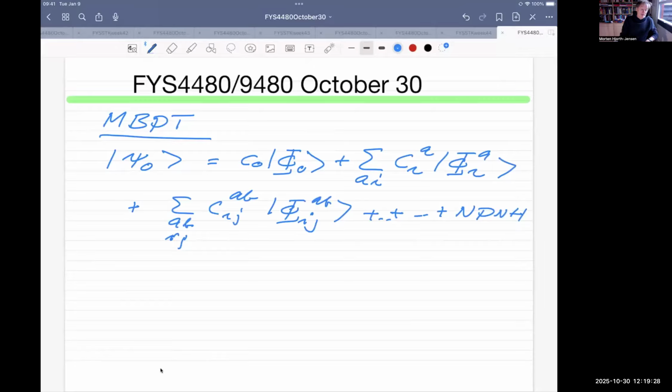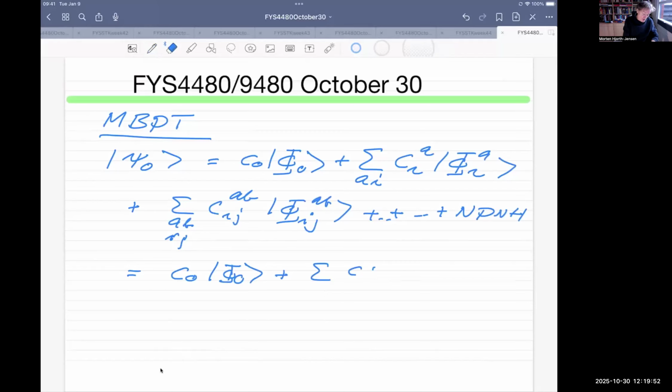Now, what we did last time was also to rewrite this in a more compact form. So we simply rewrote this as the ansatz for the ground state. This is our new vacuum reference state, plus just a linear combination of Slater determinants, where we then have these coefficients C, and the indices are now different, so we should in principle use another symbol.